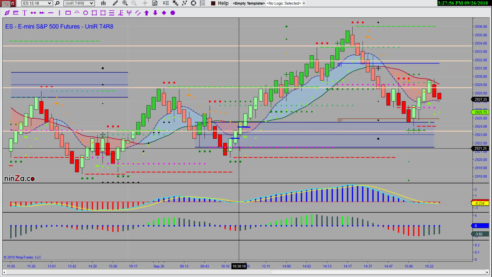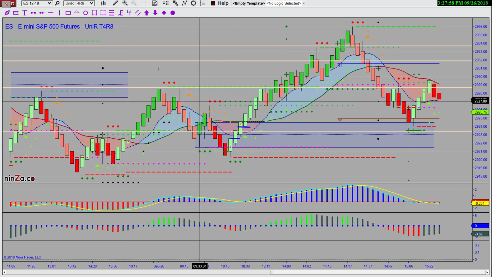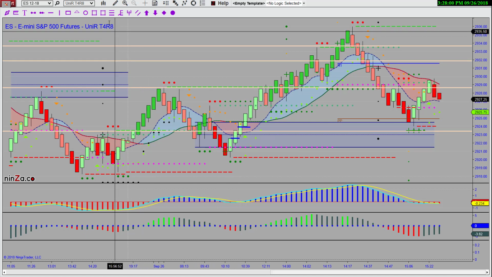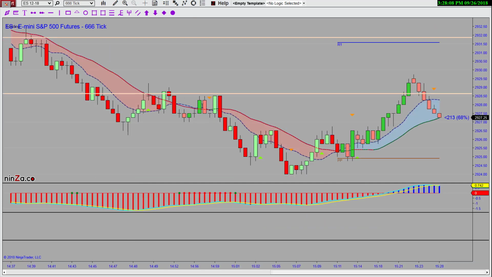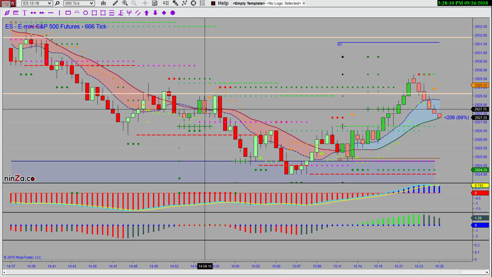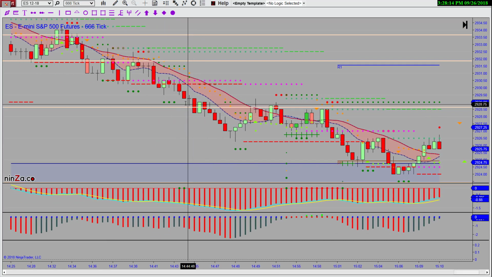So for the Renkos, I couldn't find anything that I thought worked. On the tick charts, I got to be really clever this morning. I said, well, why don't we use 666, the devil signal?